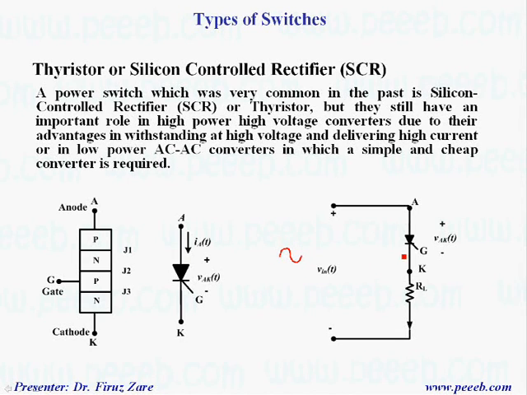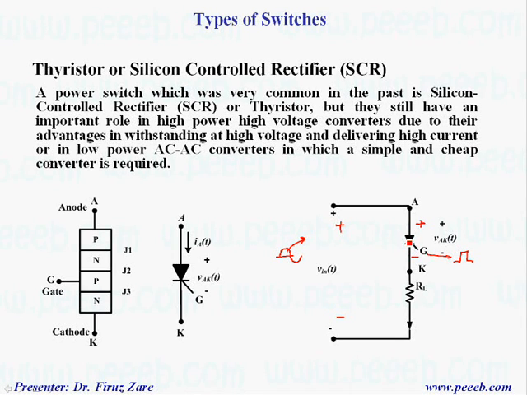How can we turn on a thyristor in this simple circuit? Over the first half cycle, because the input voltage is positive but no current flows yet through the resistor, the voltage across the thyristor is positive. So now we can apply a gate signal, and by applying the gate signal we can turn on the thyristor.